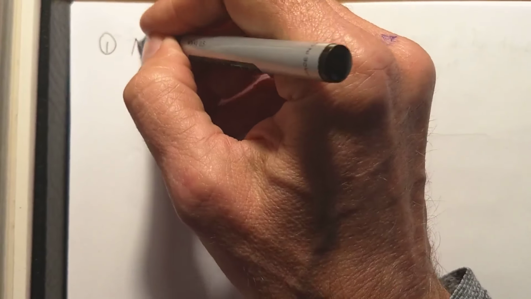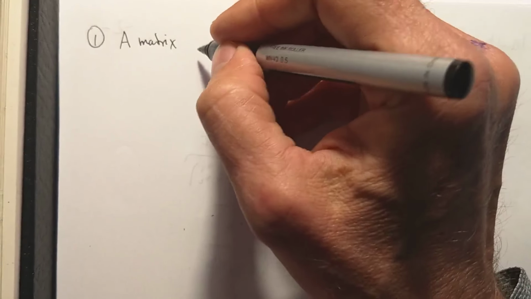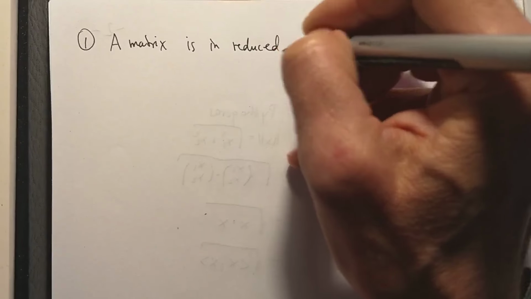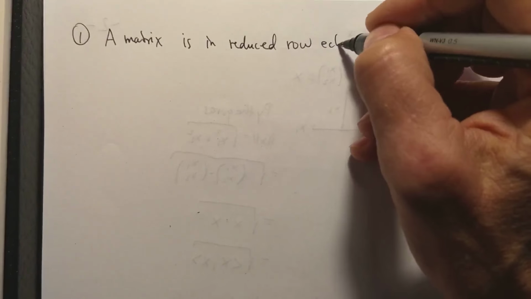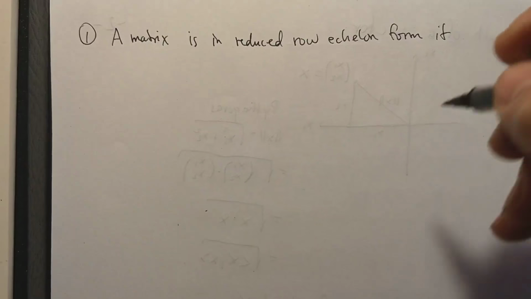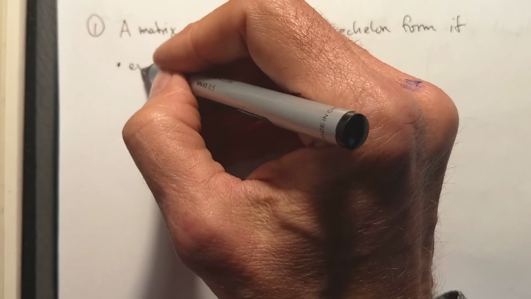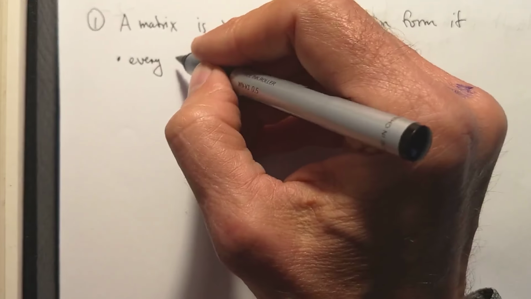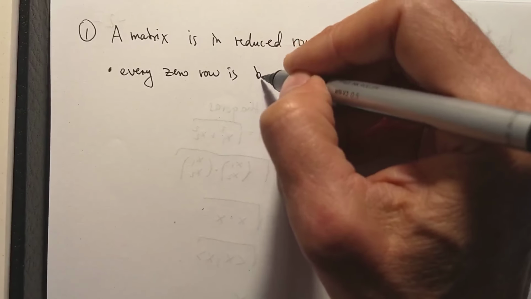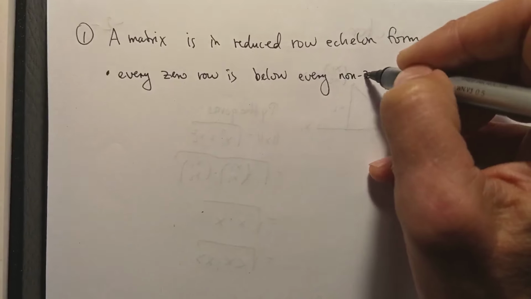So a matrix is in reduced row echelon form if, well, what are the conditions? First of all, every zero row is below every non-zero row.